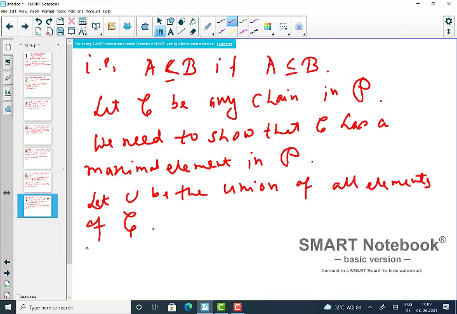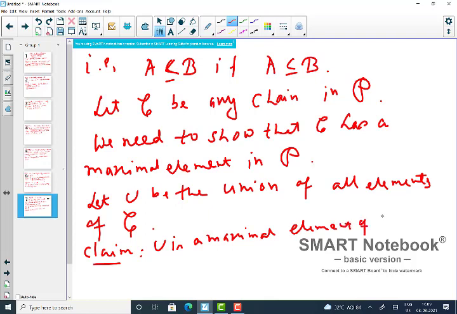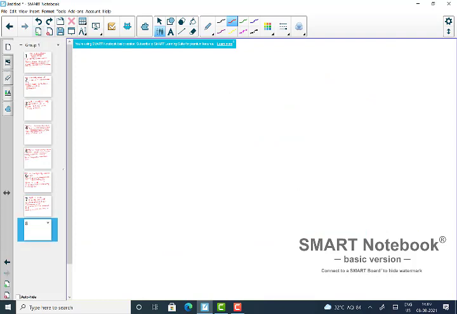Claim: U is an upper bound of C in P. Now one part is obvious.